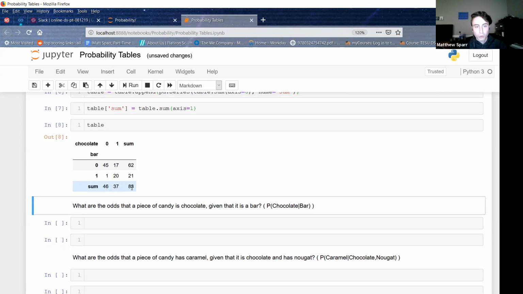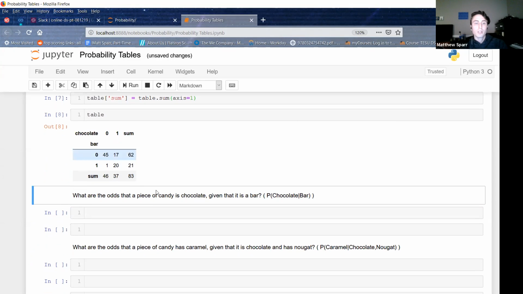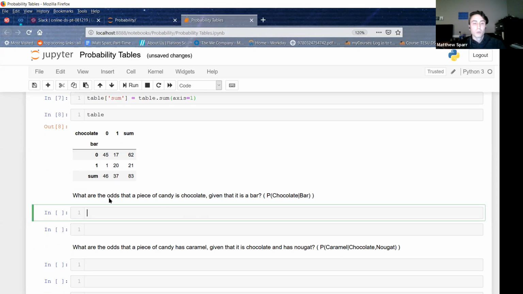So in the bottom right corner, we have the total number of candies overall. On the right-hand side here, we have the sum of the non-bar candies and then the sum of the bar candies. And then on the bottom, we have the sum of the non-chocolate and the sum of the chocolate candies. So now with all this information, we can answer this first question here. So what are the odds that a piece of candy is chocolate given that it is a bar?